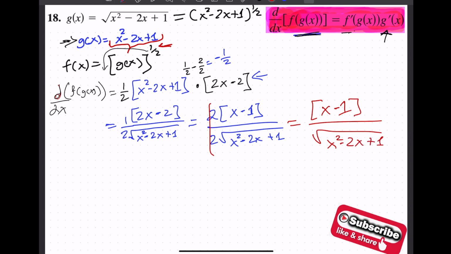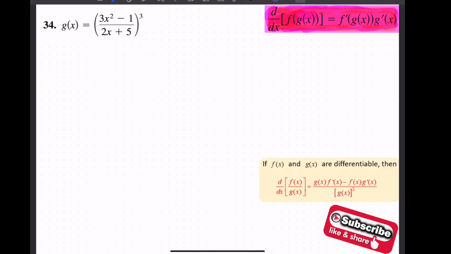Okay, now let's take a look at the second problem. We have g of x equals 3x squared minus 1 over 2x plus 5, all of it raised to the 3rd power. Now let's try to identify f and g. In this example, we have g of x, which is simply everything within the parentheses.